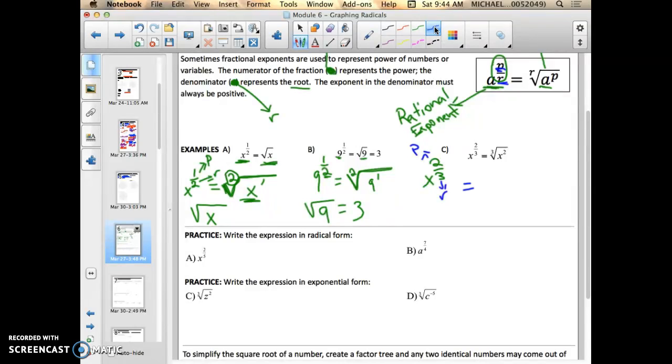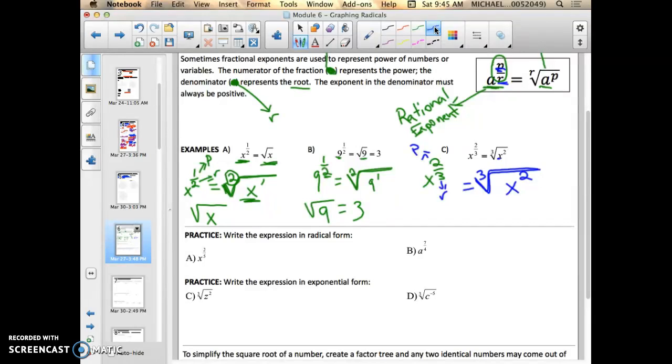And that's going to turn into, if I want to write it into radical form, my root, the r, goes with the radical, right there, all right? And the power stays with the variable, so it is x squared. So please recognize that relationship. The power always stays with the variable, and in rational form it goes above the root, and the root always stays with the radical. Sorry, the power stays with the variable, the root stays with the radical.